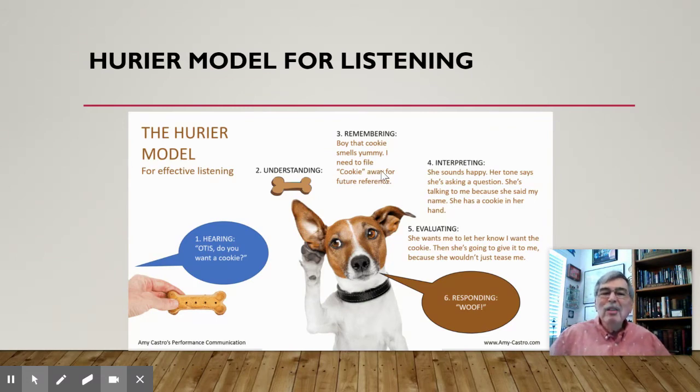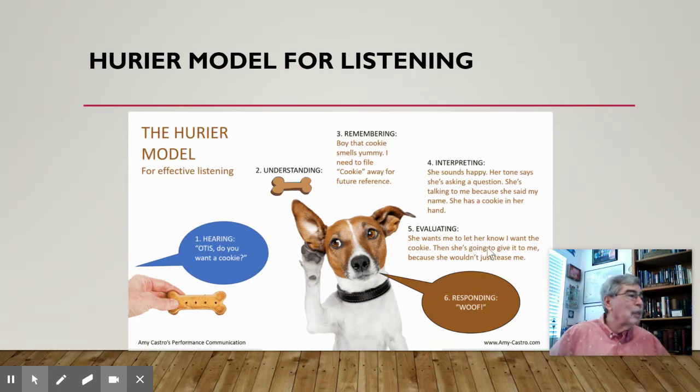Okay, so then he's got to interpret what's going on. He's thinking, well, she sounds happy. She's not saying, Otis, you bad dog. No, this is the lady saying, Otis, you want a cookie? Oh, and I can tell by the tone of voice, she's asking me a question. Okay, so now Otis has to figure out what he needs to do.